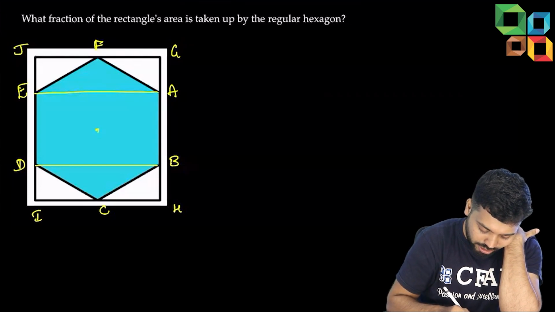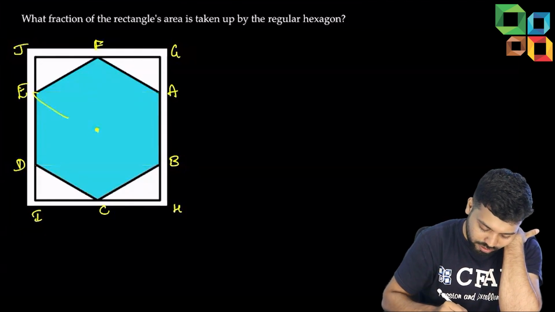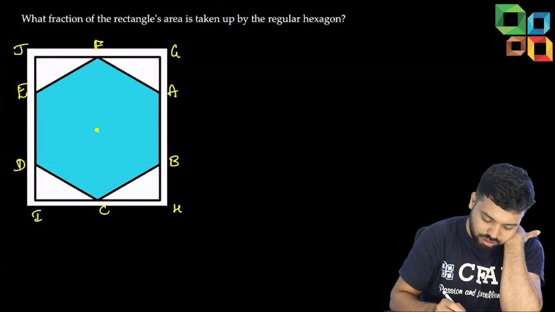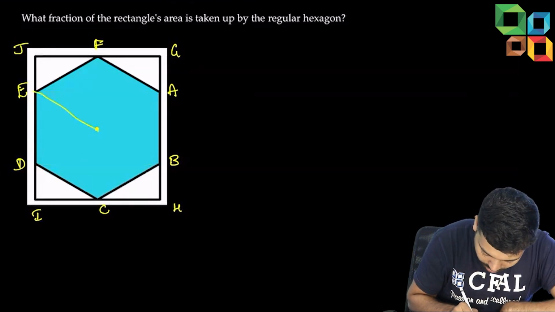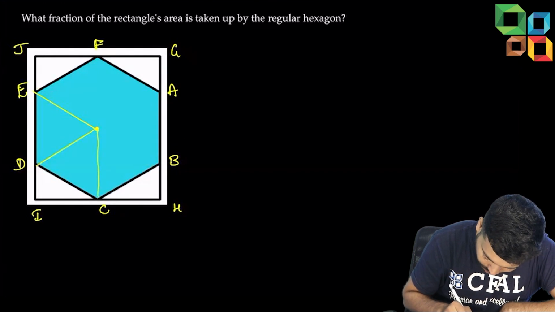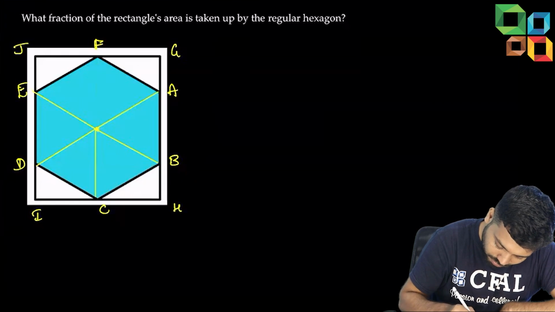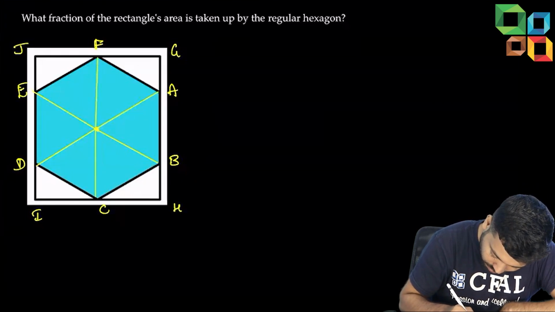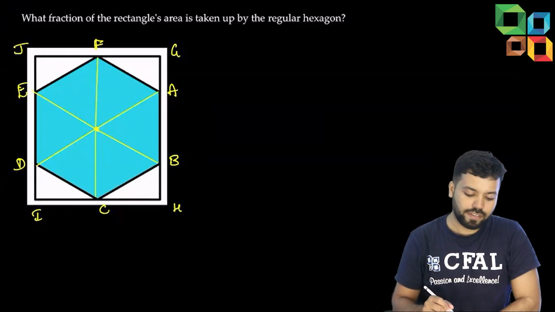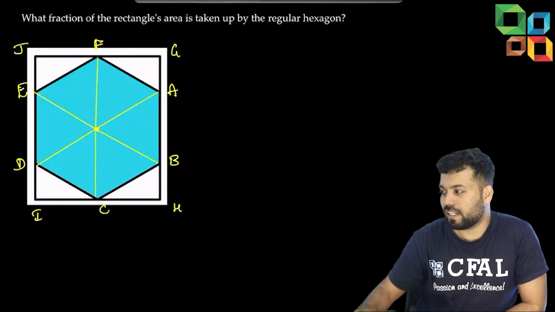Yes. So I'll take the center. Before that, I'll erase this. So I'll have 6 equilateral triangles. Okay, now I have 6 equilateral triangles. Can you tell me why they are equilateral triangles?